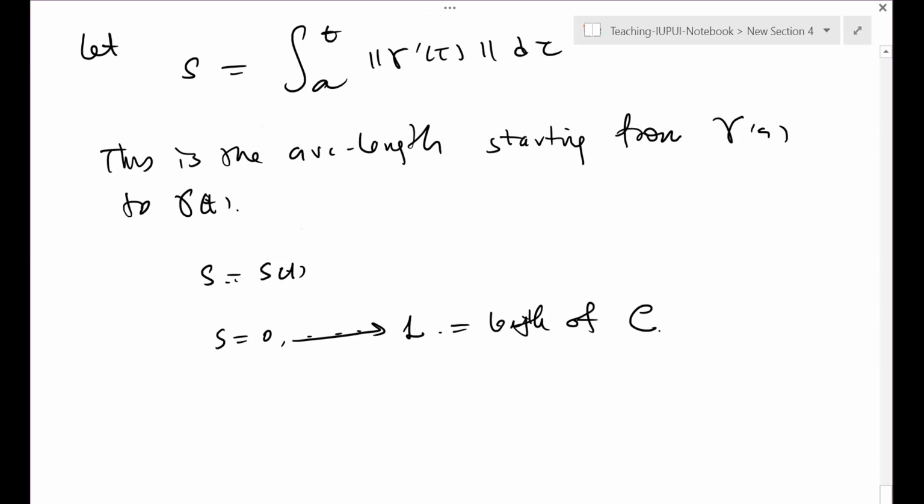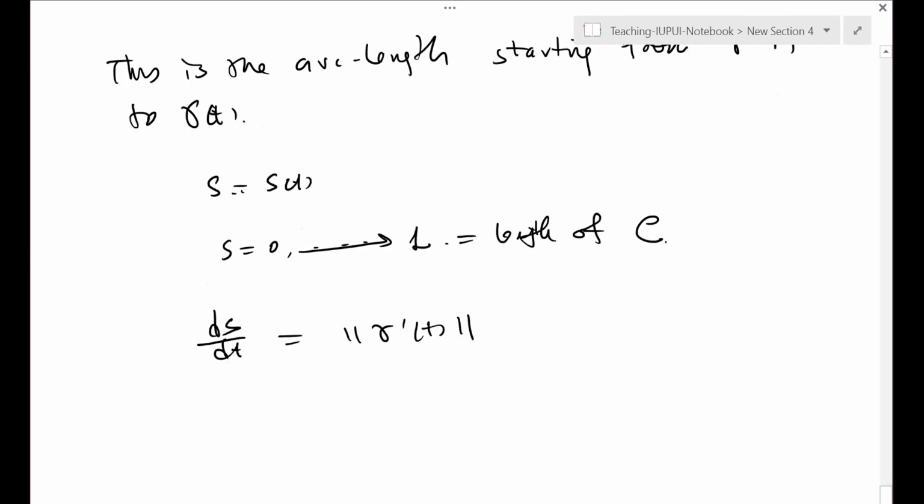Okay, you see that the derivative of S with respect to T is nothing but the norm of gamma prime T. Okay, this is always positive.